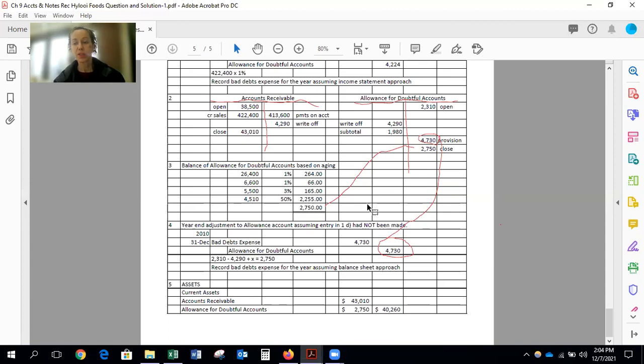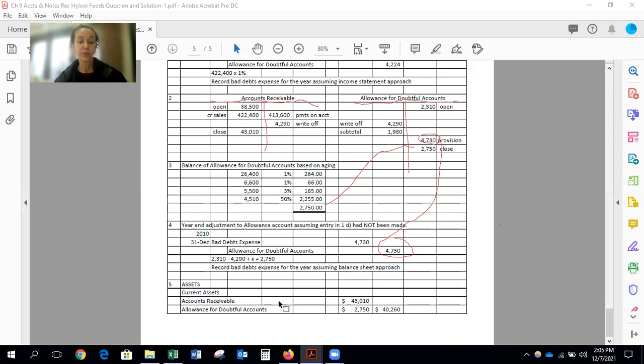Finally, they say, what does it look like on the balance sheet? Well, on the balance sheet, what we've got is our assets, then current assets. We've got accounts receivable. The balance is 43010. That's from here.